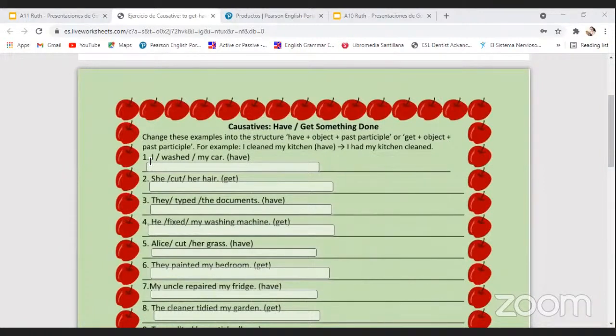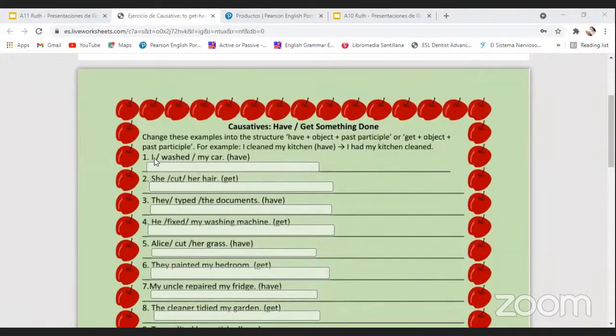If we are talking about tenses, that depends on the auxiliary before the verb. If I have, for example, have as the auxiliary for the present perfect, I have my car washed, then that will be present perfect, and this will be in the past participle.